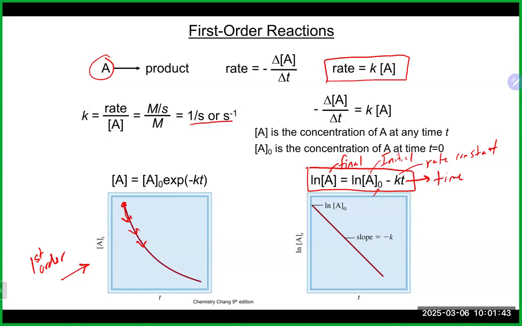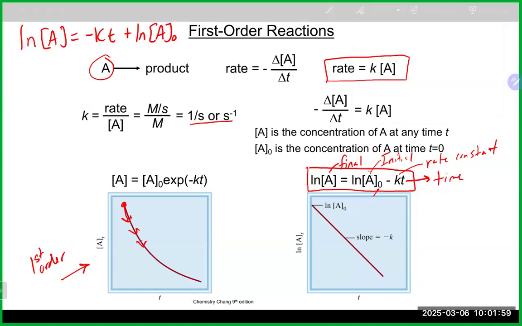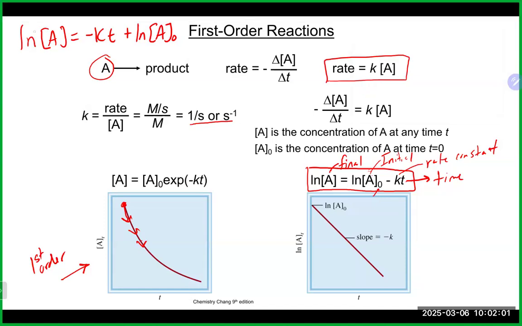So we can take this integrated rate law and rewrite it as the natural log of A equals minus kt plus the natural log of A naught. When you rearrange and write the equation in that form, that is y = mx + b. That is basically the equation for a straight line, and that's going to give you your linear relationship.